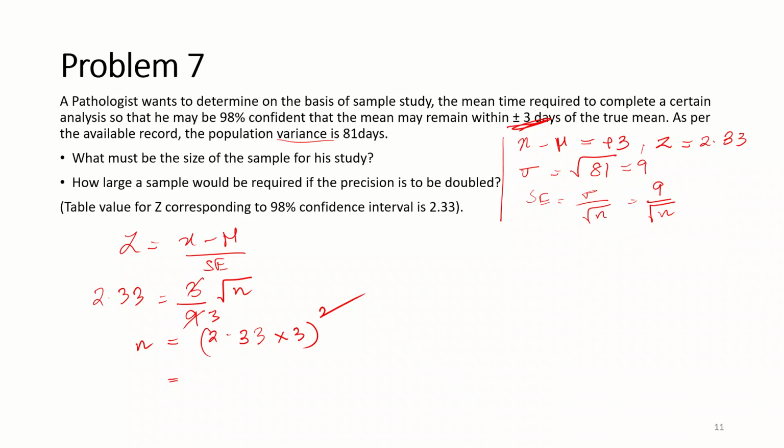It is coming around 48.86. Okay, so we'll consider it as 49. So this will be the first part. What about the second one?